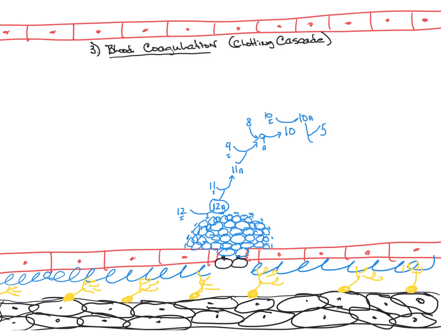Remember that from the formula I did for you earlier. 10, 5, 2, 1. That's the clotting factors. Well, 10 reacts with 5 to stimulate 2. Okay? Now, you have to understand that 2, in its inactive form, is prothrombin.